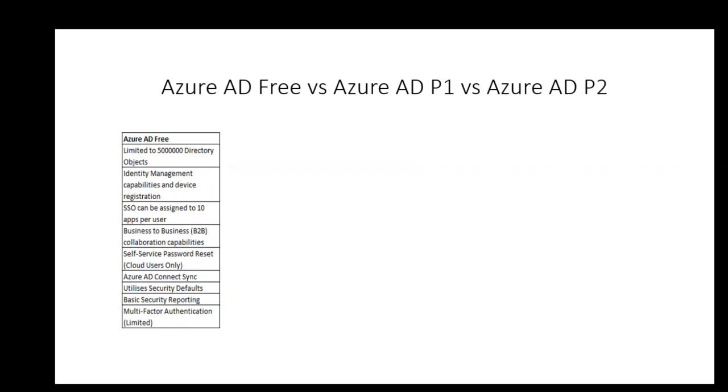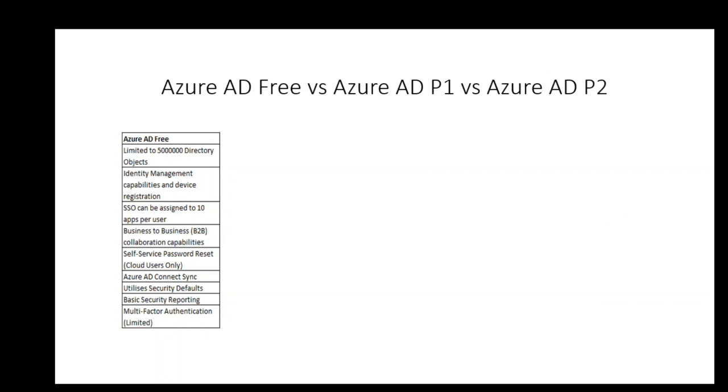Self-service password reset is available, however, to cloud users only, so you cannot use it for hybrid users. Azure AD Connect Sync is available. It utilizes the security defaults with the multi-factor authentication, which is limited. And you also get some basic security reporting.